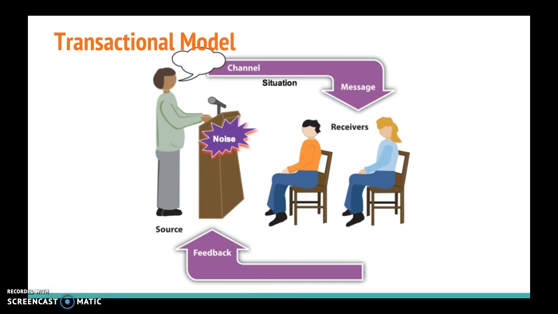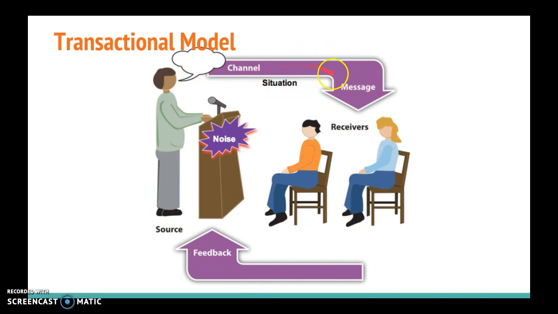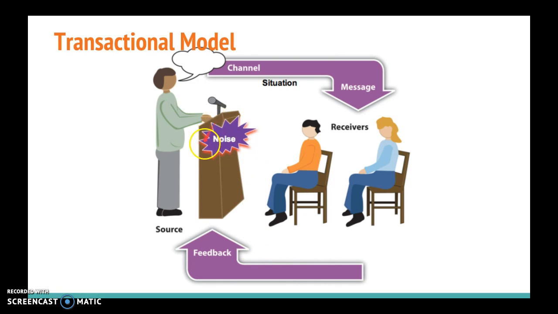Now there's a couple other things that are happening in this whole cycle, right? And all of this is happening simultaneously. The source is sending a message through a channel to receivers who are sending feedback, and so on and so forth. But there's a couple of other things happening here. The first is what we call noise. Noise is anything that interferes or impedes with the communication of a message.